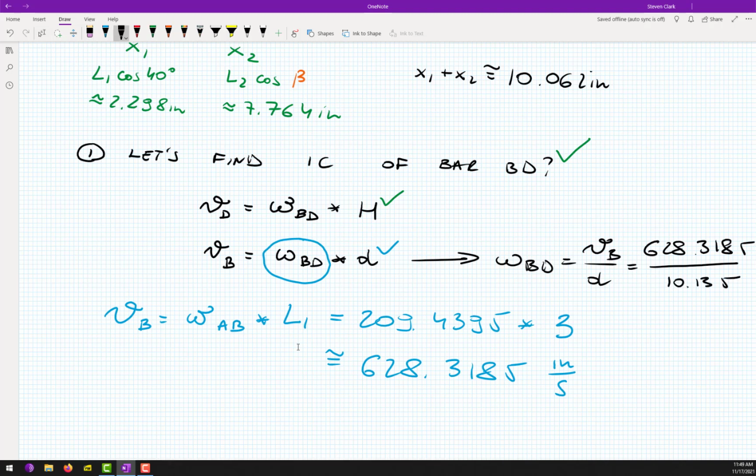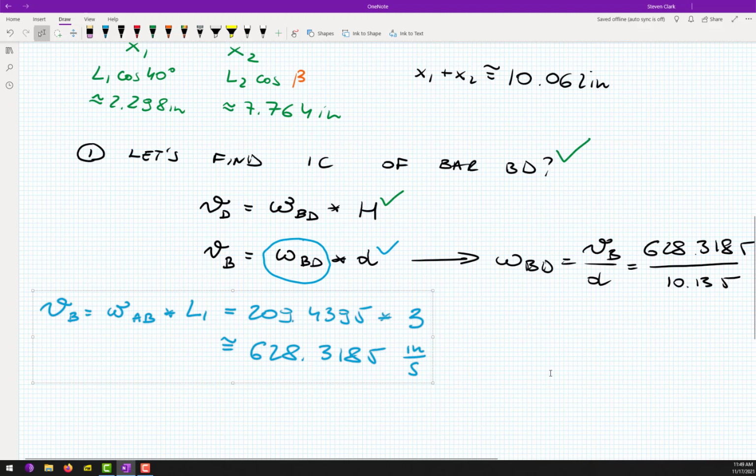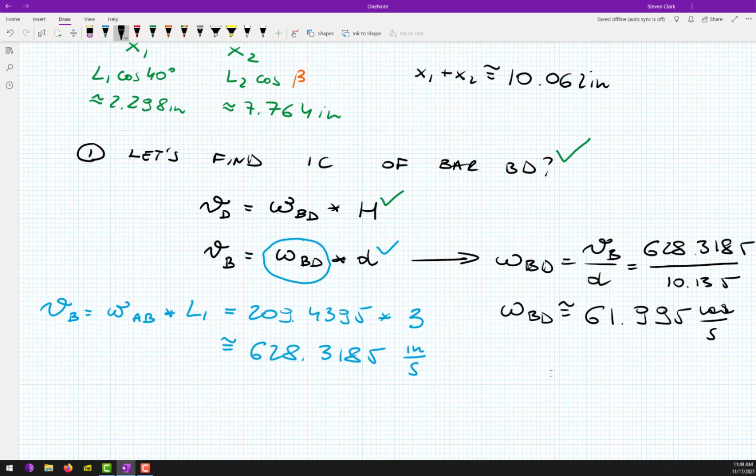Grab your calculators and obtain that our omega BD is approximately 61.995 radians per second.